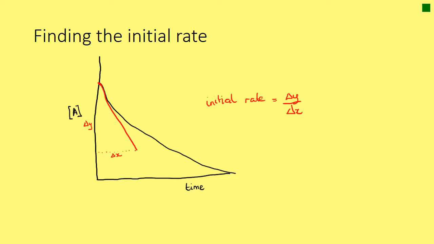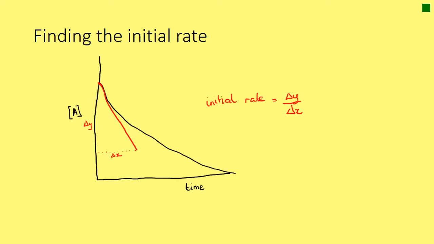And what we want to do is find the reaction rate at the start of the reaction. So we draw our tangent from this point here, and so the tangent might look like that. That's poorly drawn, but I think you get the idea. And then we would take the gradient of this tangent, where let's call this delta y, and let's call this delta x.